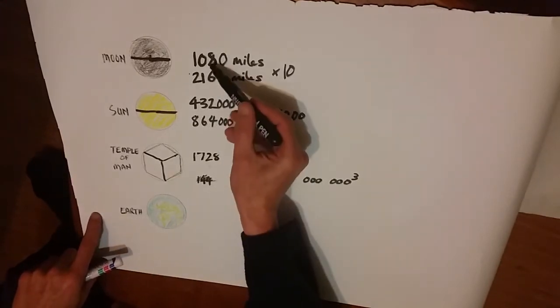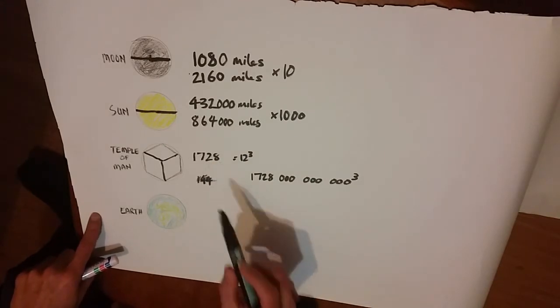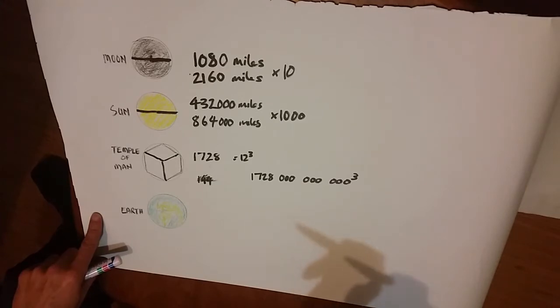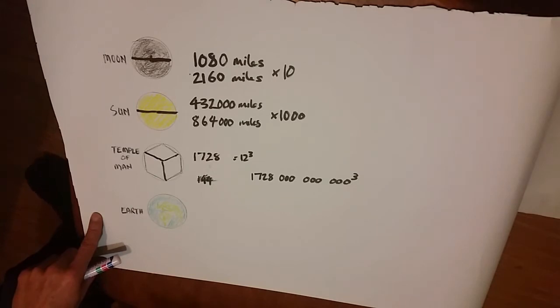So we've just doubled 108, 216, 432, 864, 1728. And before I go further, the Ark of Utnapishtim, as described in the Epic of Gilgamesh, the edge length of the Ark is described as 120 by 120 by 120 cubits.